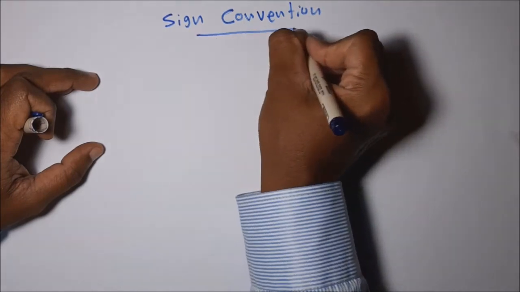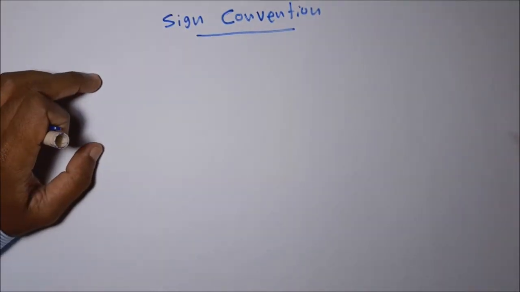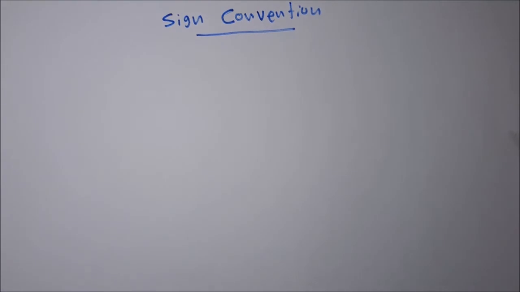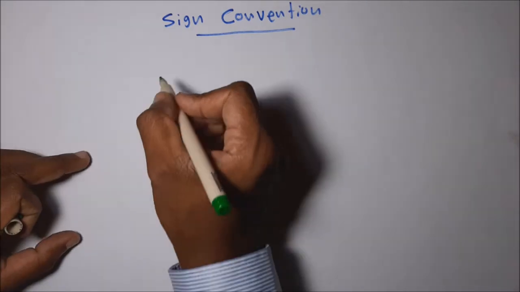When drawing the Mohr circle diagram, we have to follow the sign convention. So what is the sign convention?